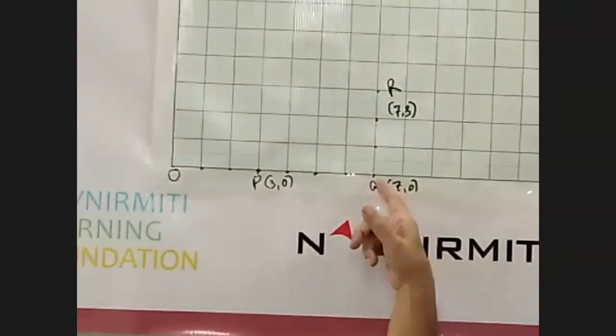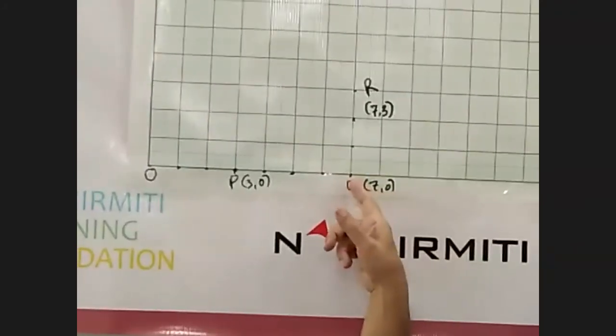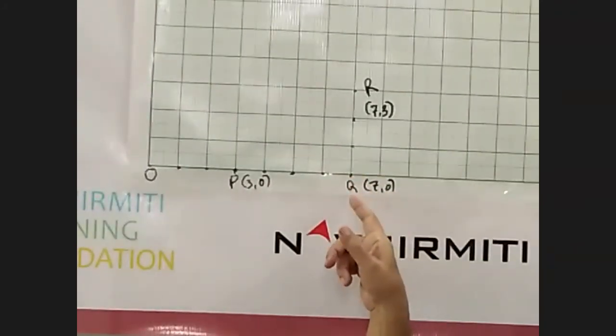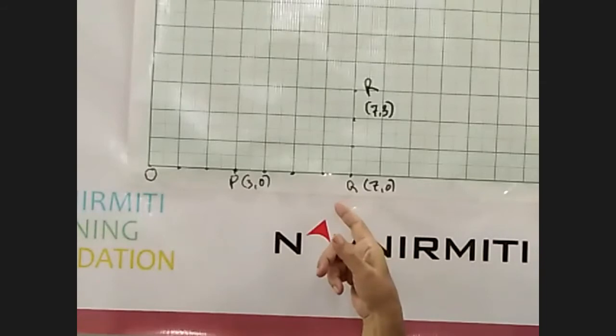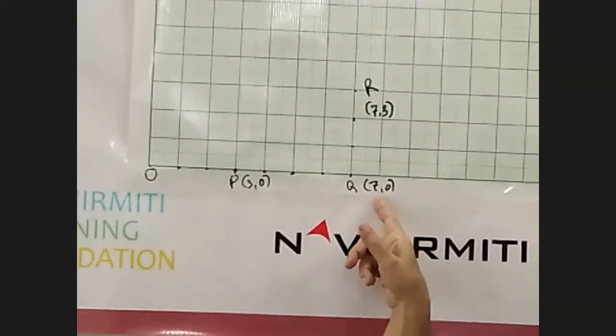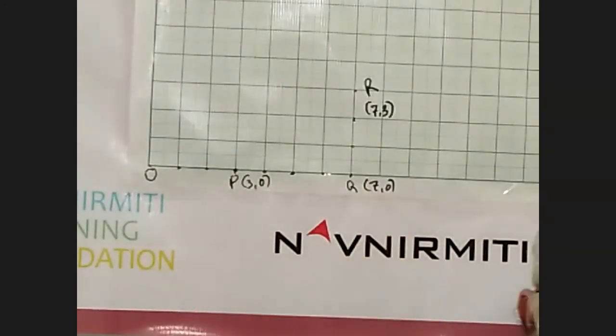To reach Q, I have to take how many steps to the right? 7. And how many steps up? 0. So this is 7, 0. Yes, but we have taken 3 steps up, right?